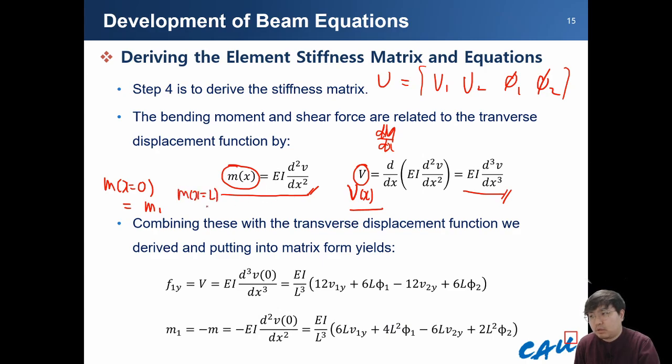At x equals L, it follows m2. For the shear, at x equals 0, the displacement in y equals this one. Here I prepared this: f1y is one value, at the point x equals 0.